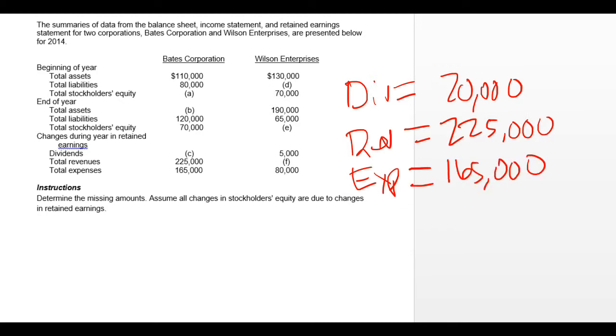And of course, the rules are dividends is a minus, revenues is a plus, and expenses is a minus in terms of how they affect equity.